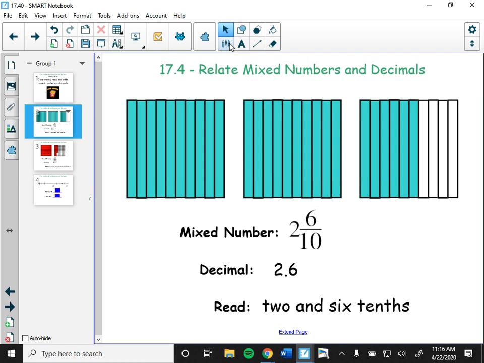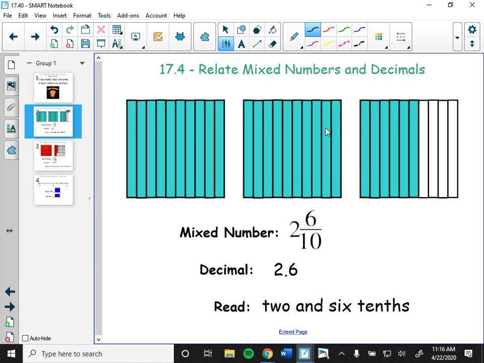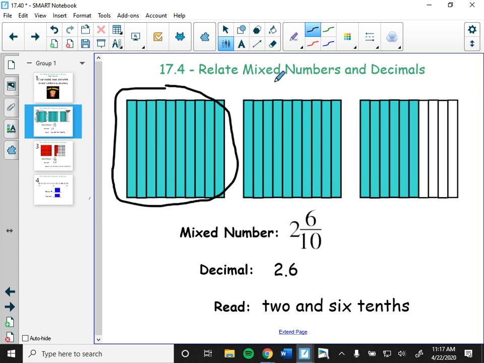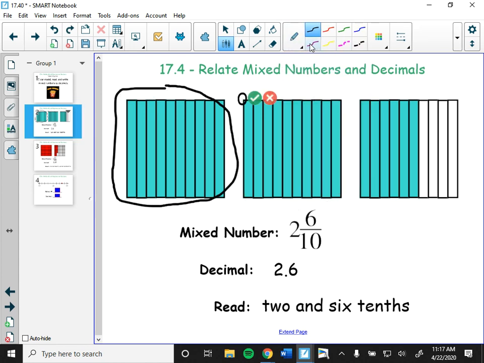So we have one whole, two wholes, and then we have 1, 2, 3, 4, 5, and 6 out of 10.